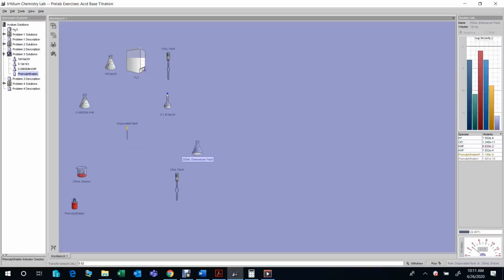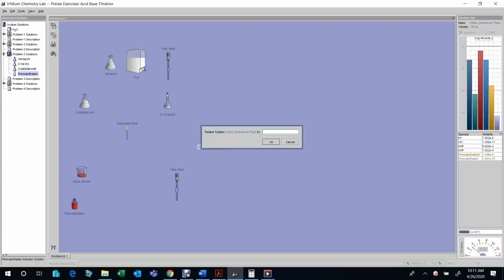Okay, and then here when we click this bottle, we can see there's KHP there and there's indicator there. So here we rename it. Okay, 25 milliliter KHP and indicator. So, and then we can do the titration.